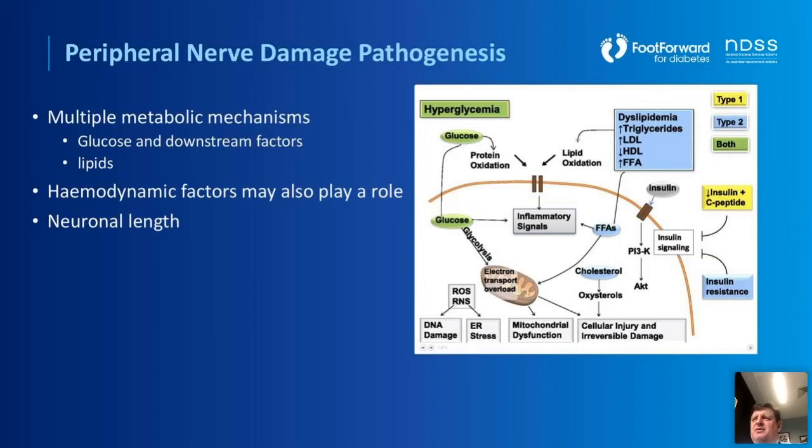And on the far right hand of this cartoon, you can see as well that diabetes is a condition of insulin deficiency, and in the absence of insulin, probably the nerves don't function well, full stop. And so the lack of insulin in its own right contributes, it's thought, in this setting as well. So we've got a number of metabolic and hemodynamic factors which play into the process.